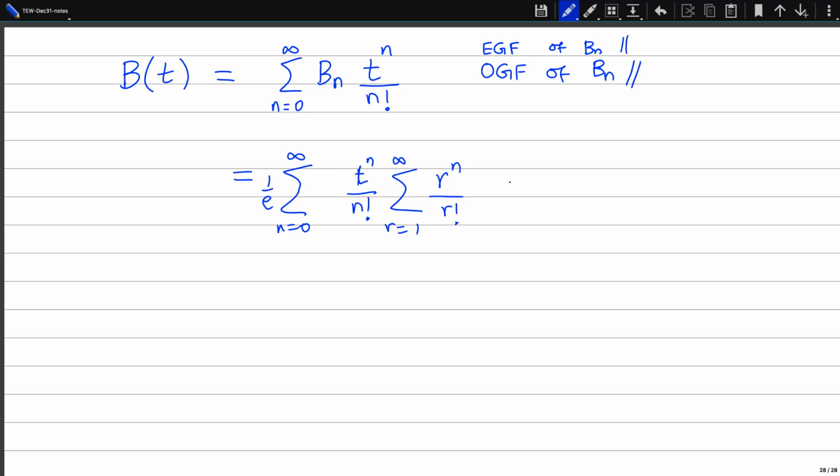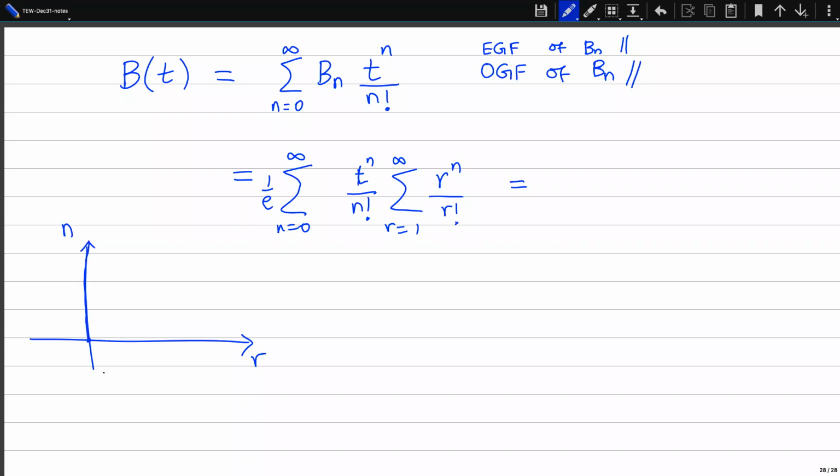Now let's play the same trick again and see if we are able to sum this up. Like I did before, I should interchange the order of the summation. Here n goes from 0 to infinity, and r goes from 1 to infinity.